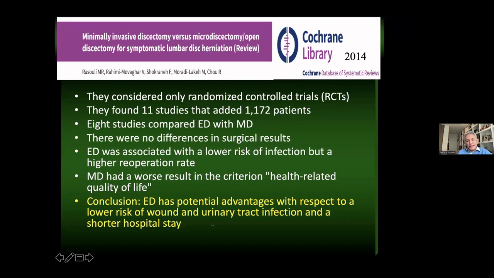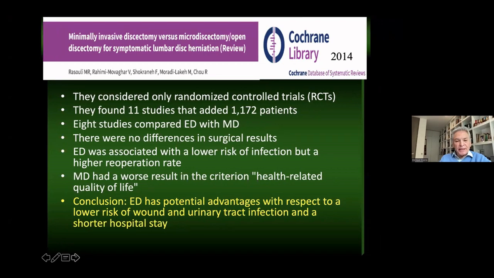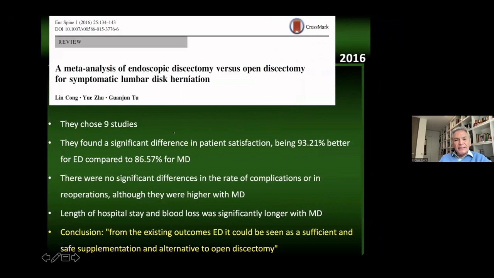The conclusion was that the endoscopic discectomy has a potential advantage with respect to a lower risk of wound and urinary tract infections and a shorter hospital stay. And this meta-analysis of endoscopic discectomy versus open discectomy in these 9 studies, they found a significant difference in patient satisfaction, being better at 93 percent for endoscopic discectomy compared with 86% for microdiscectomy.